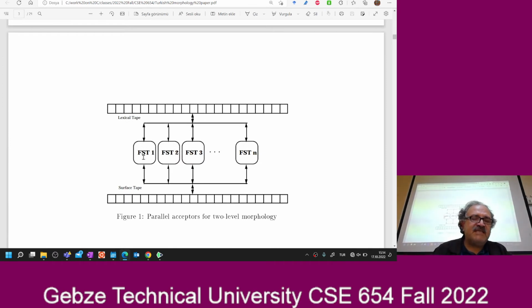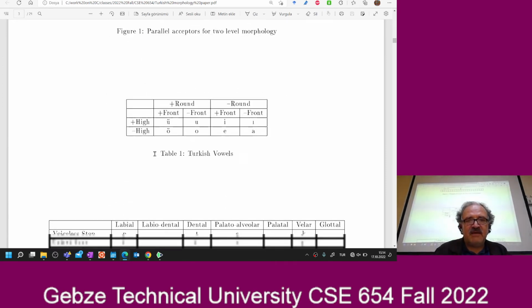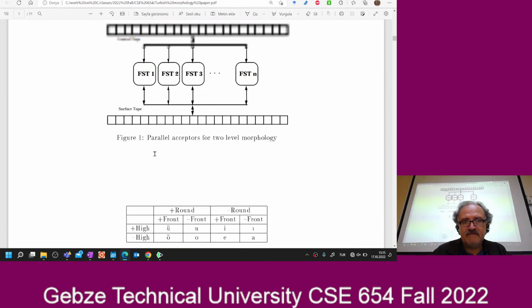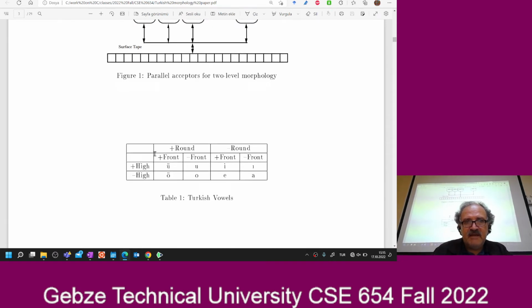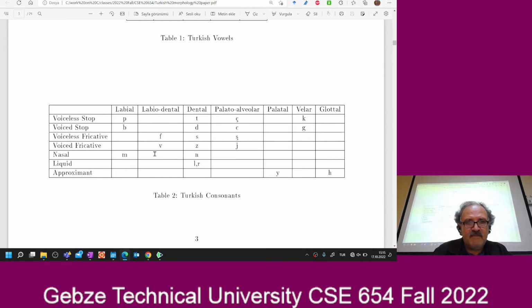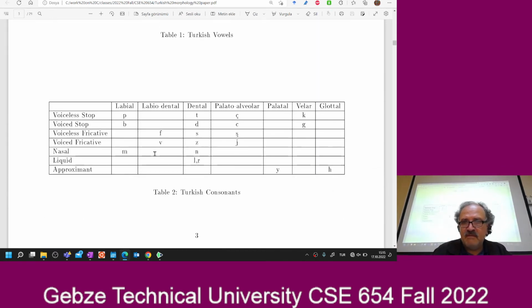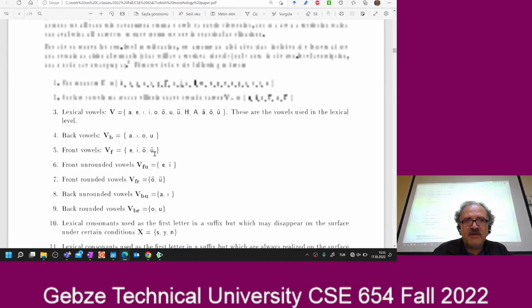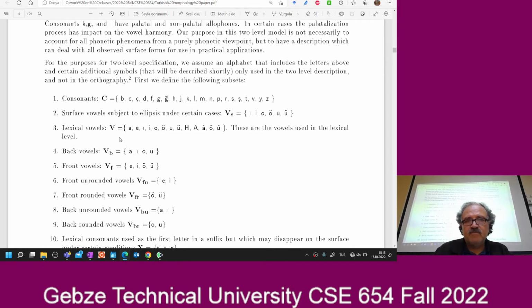these kinds of finite state automata. We are going to combine them later. This guy says that my alphabet is the Turkish alphabet.